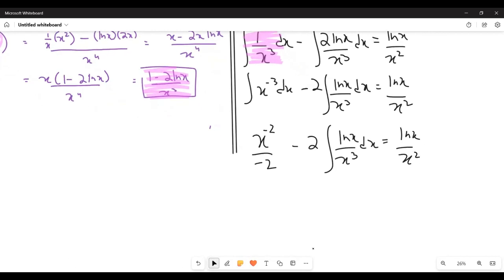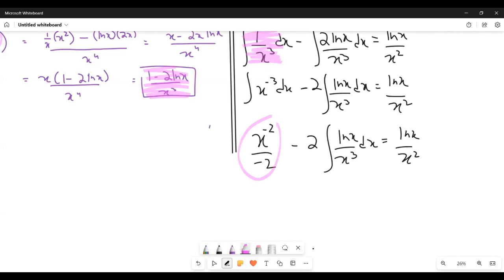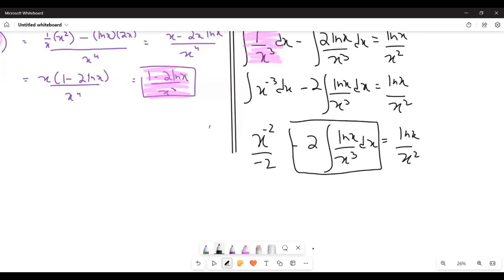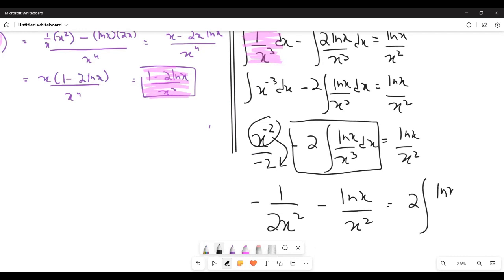Okay, so this goes to the other side, gets added. No, let's take this to the other side so that it becomes positive. So this would still be minus 1 upon 2x square. I've taken the negative index to the denominator so that it becomes positive. And minus ln x upon x square comes to this side, and we get 2 integration of ln x upon x cube dx. Now we have to find the value of this, so send 2 to the other side.